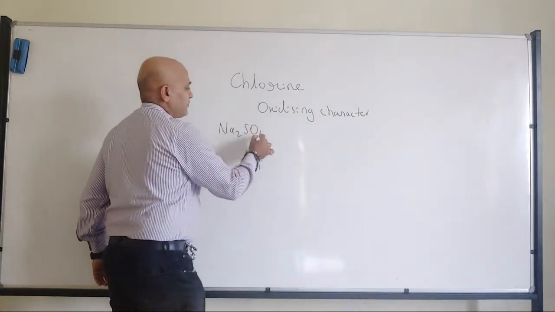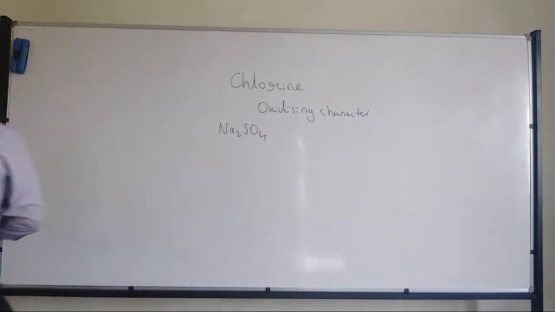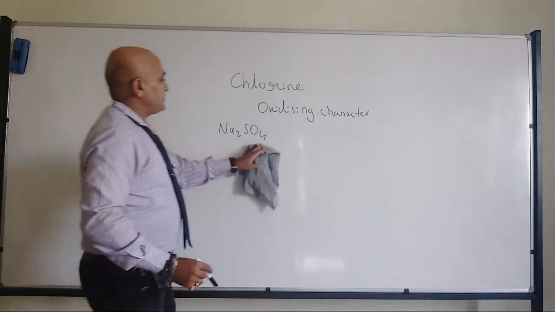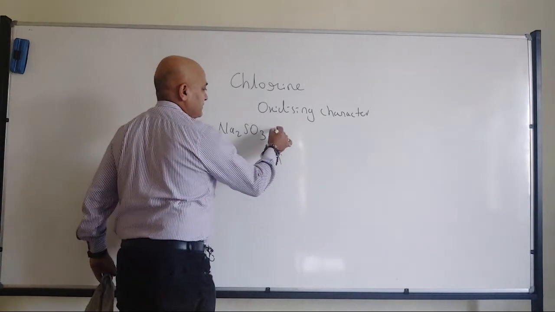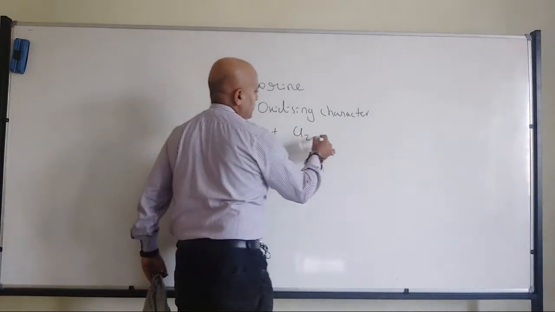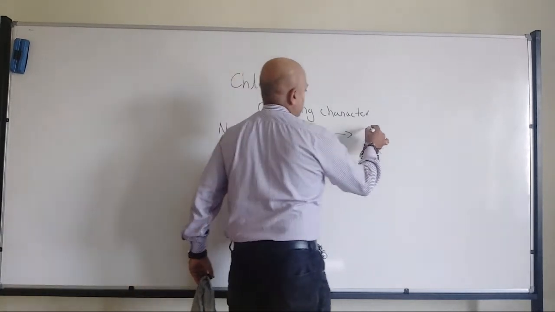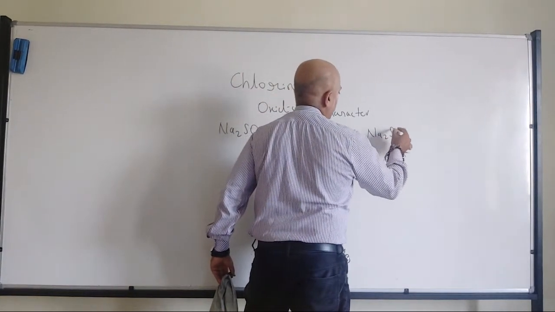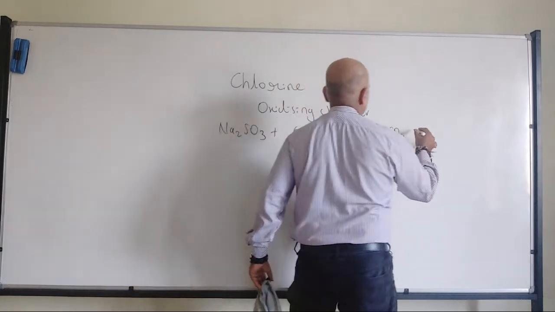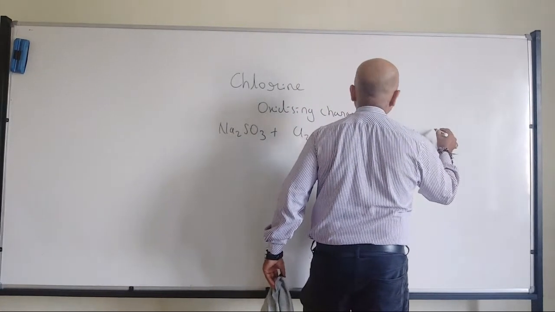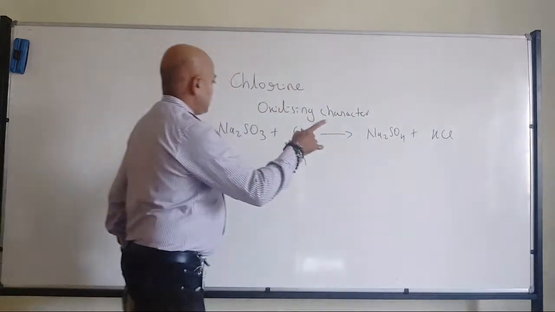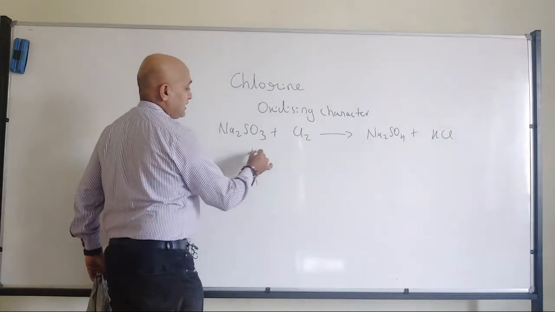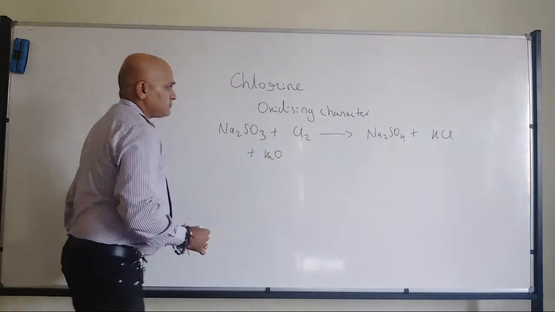Okay, fine. So we have sodium sulfite, Na2SO3 plus chlorine. It will get converted into Na2SO4, sodium sulfate, plus HCl. Since hydrogen came, I have to write here H2O.